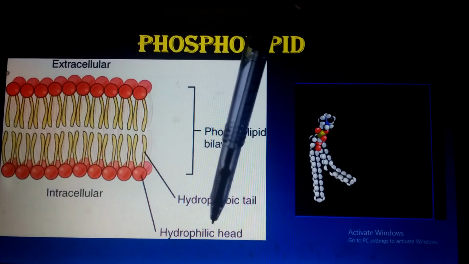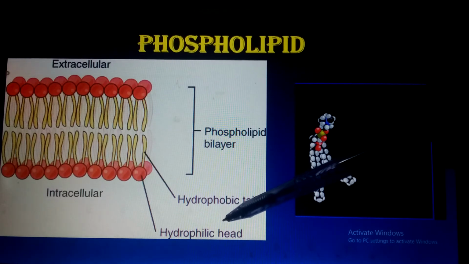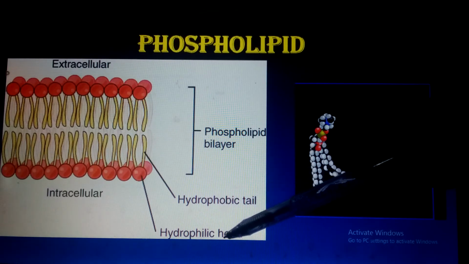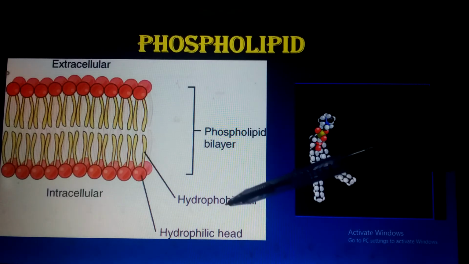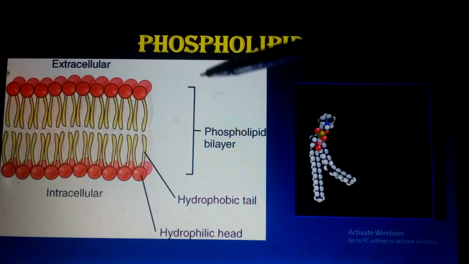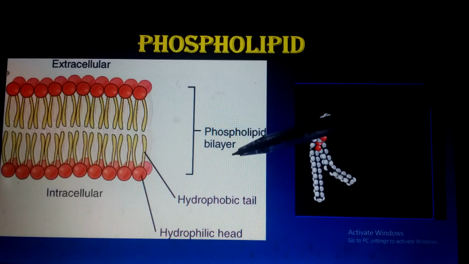So the hydrophilic nature of the phospholipid allow the movement of all the polar substances, and this hydrophobic nature prevent it from dissolving, means give the stability to the cell membrane. Is it clear to you? So that's why Allah created the cell membrane in this way. The outer surface is made up of the hydrophilic head, and the inner, which provide the stability to the cell membrane, is hydrophobic.